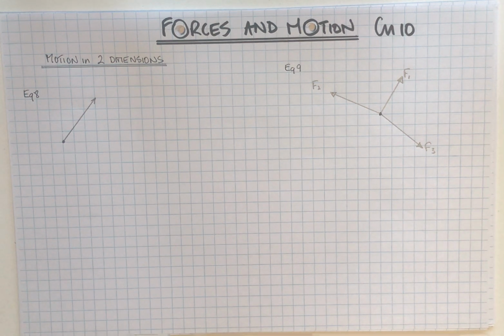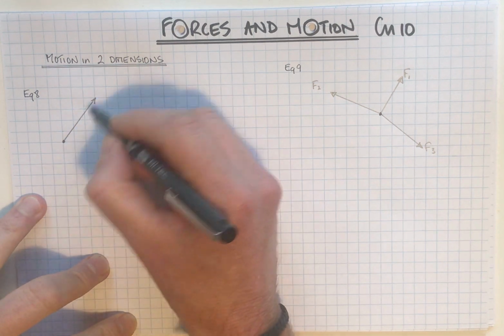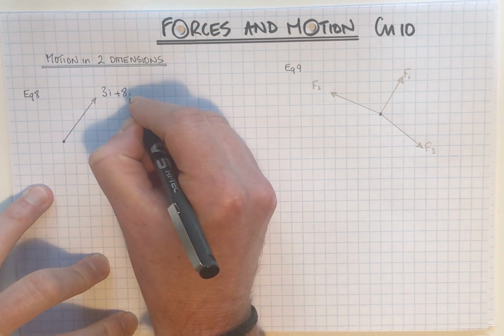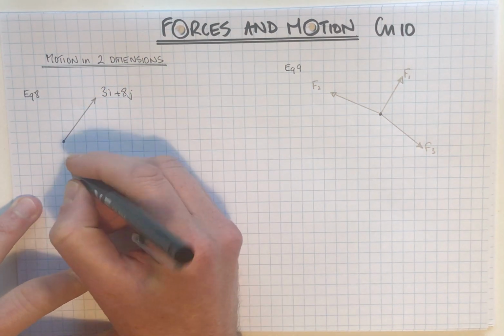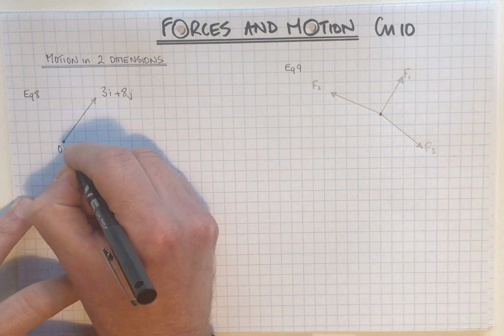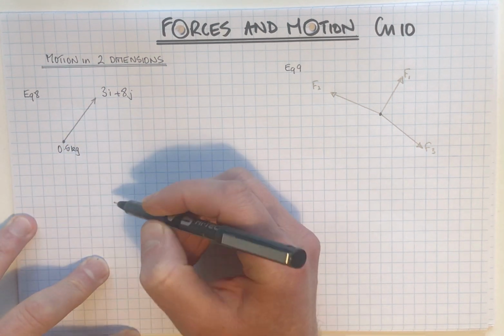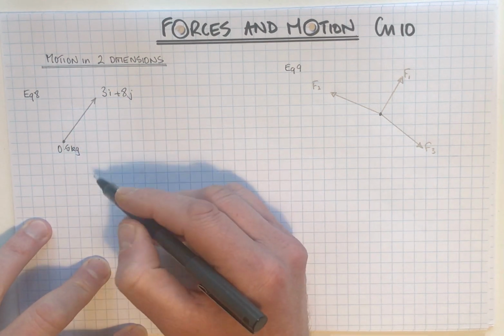So in example 8, we have a resultant force of 3i plus 8j. So not to scale, this is the force 3i plus 8j. There's my object. It has a mass of 0.5 kilograms. If you wanted to draw that as an arrow downwards, that's fine, but in this context you don't actually need it for this particular example.